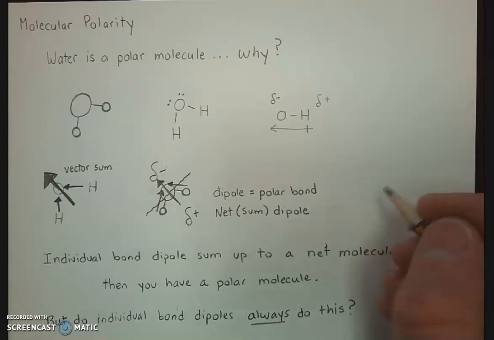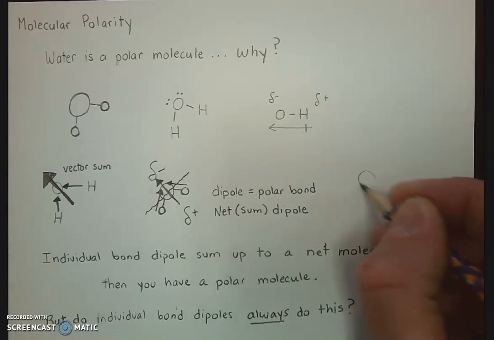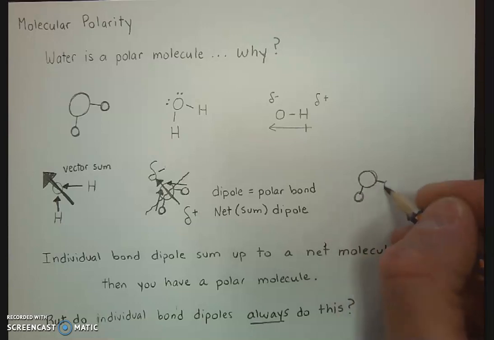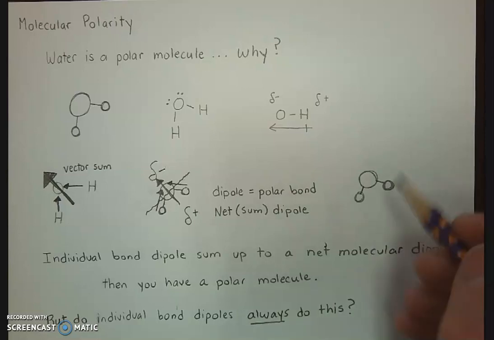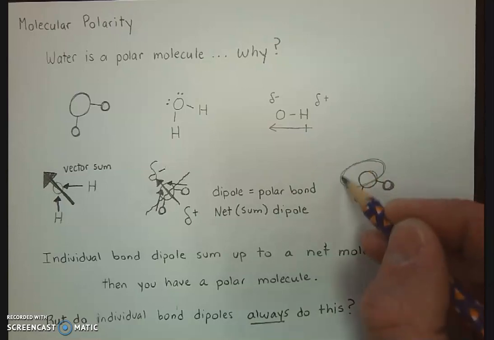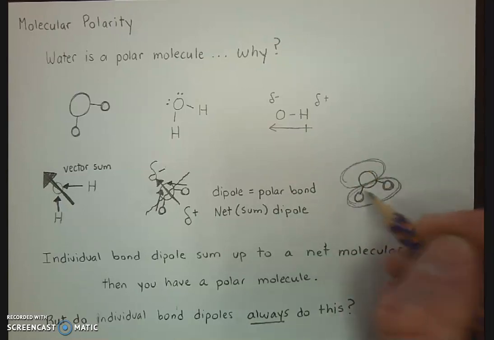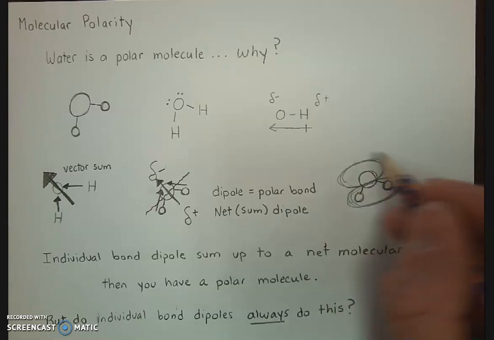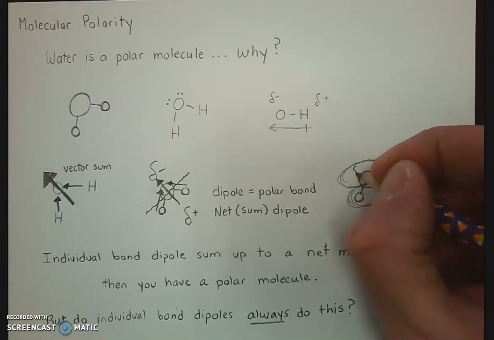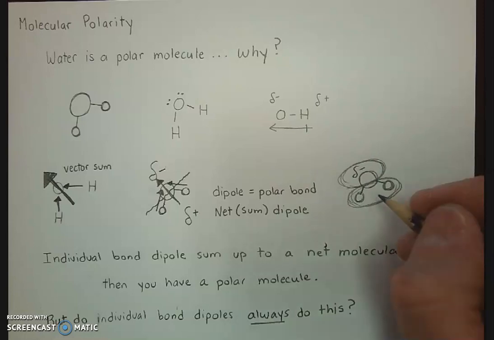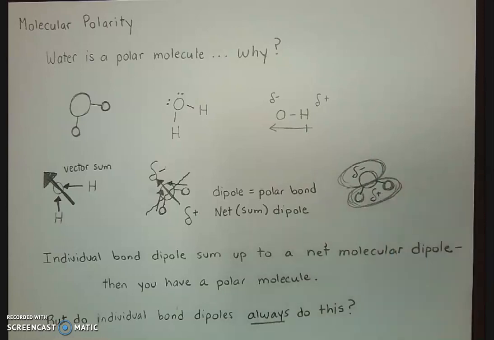Another way to show this is that if I draw the water again over here, here's my hydrogens. Water has an overall imbalance of charge on its surface, where the top left would have an overall partial negative, the bottom right an overall partial positive.